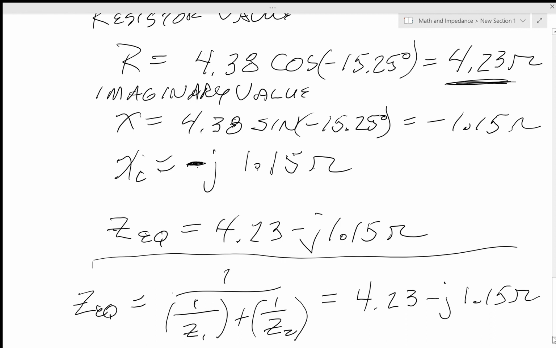That would also enter it in the stack. And then I just hit add. That would add the two inverted numbers. Then all I have to do is hit the invert button, and I would get 4.23 minus J1.15 ohms.